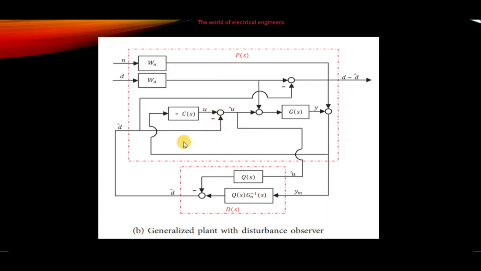Here you have to include the controller C(s) in the generalized plant matrix P. And the other thing you will change here is you have to minimize the H-infinity norm from the noise and external disturbances to the disturbance estimation error.